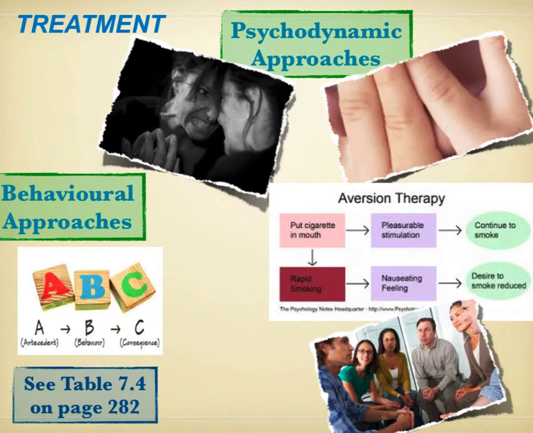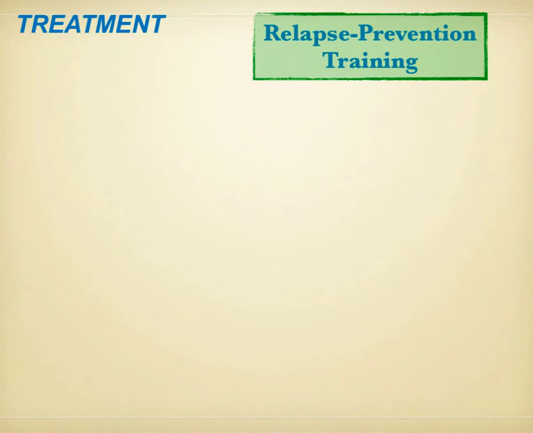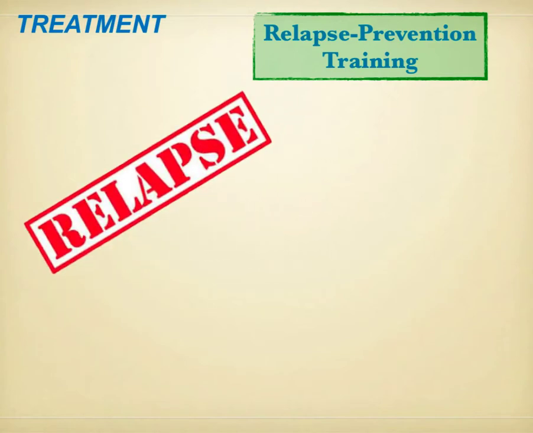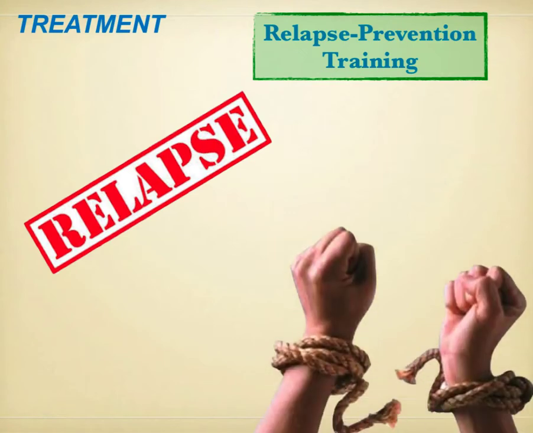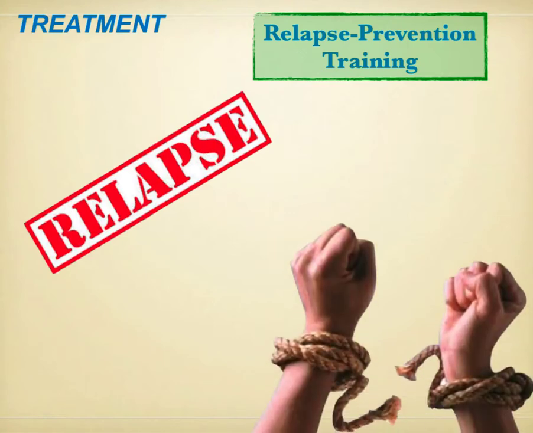Regardless of the initial success of the treatment technique, relapse remains a pressing problem in treating people with substance abuse issues. So there's relapse prevention training, and really what relapse is, it's just a reoccurrence of the problem behavior. Relapse prevention training employs cognitive and behavioral techniques that help the ex-abusers cope with high-risk situations and prevent lapses from becoming relapses by helping participants to interpret the lapse in a less damaging way.